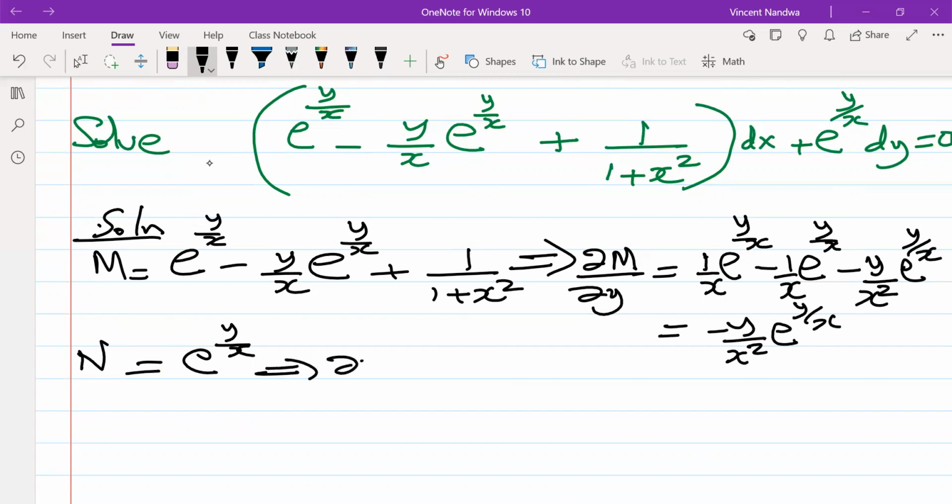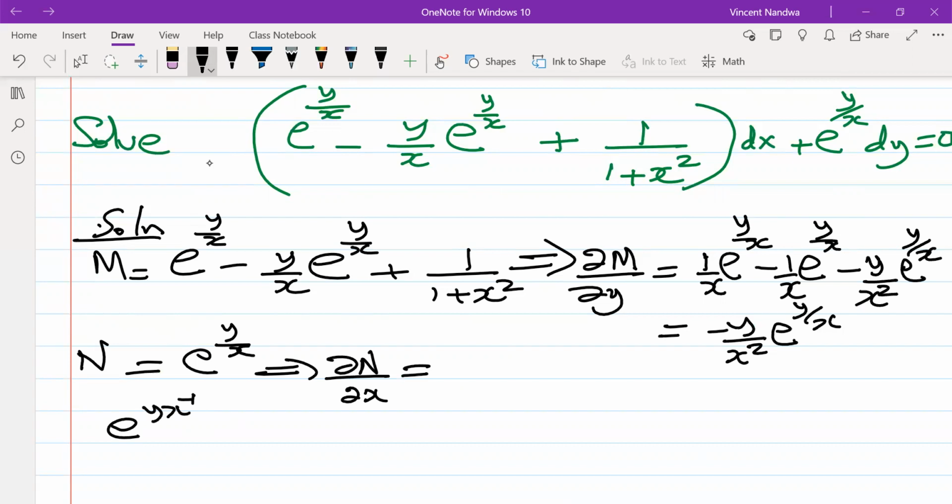And this partial N partial x is the same as, remember, at this point N can be written as e raised to the power y times x to the power negative 1.